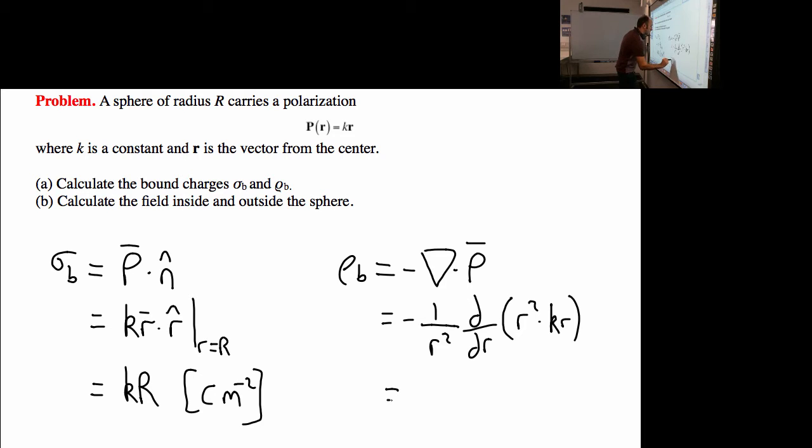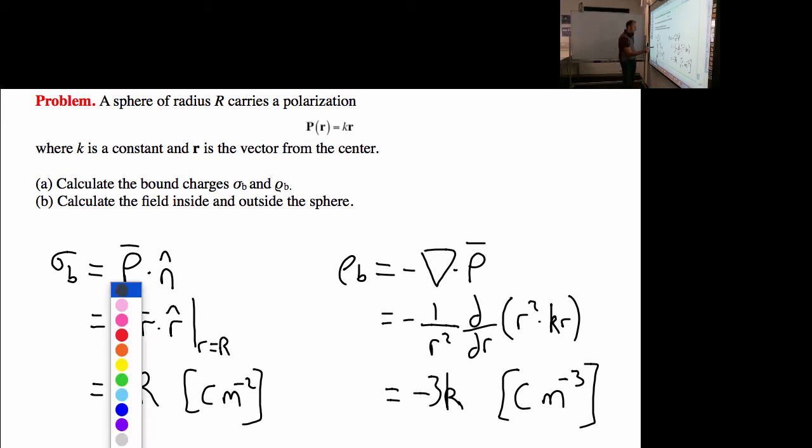When we work this derivative out, we have an r cubed inside, so we're going to have 3r squared. The r squared is going to cancel, so we have minus 3k. And if we were to put units in here for the volume bound charges, we'd have coulombs per meter cubed. Okay, so that's the first part of this question complete. There's our surface bound charges, and here are our volume bound charges.